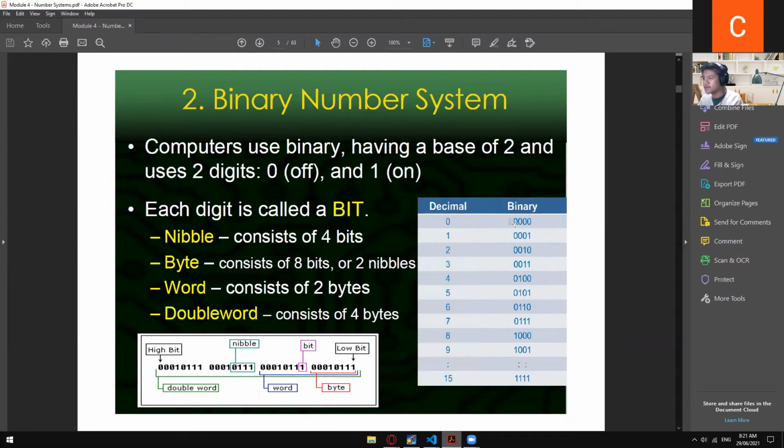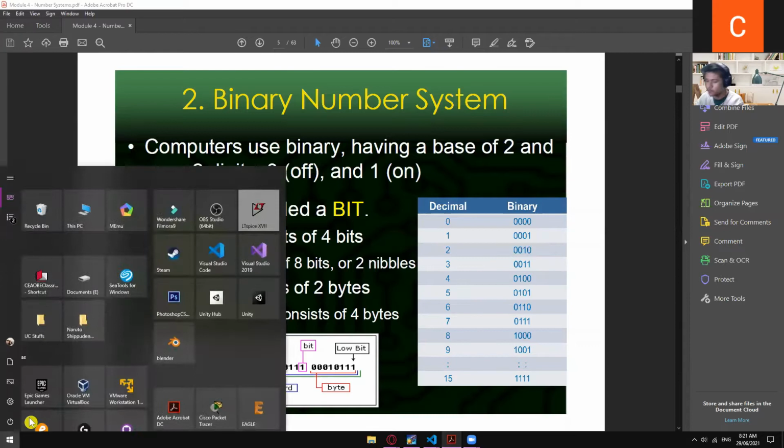So for 0, of course, it's 0, 0, 0, 0. For 1, we have 0, 0, 0, 1. And for 2, we have 0, 0, 1, 0. Maybe at this point you cannot get this anymore, so don't you worry. Let me explain this one.